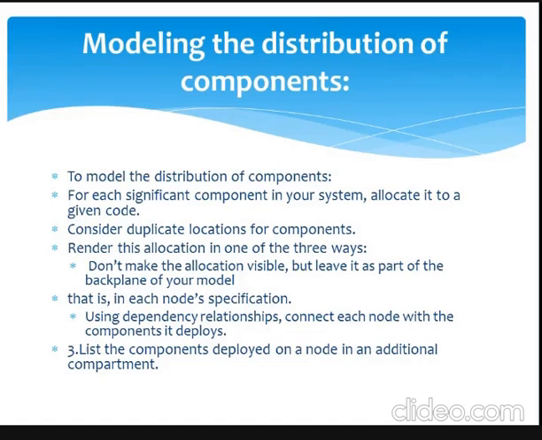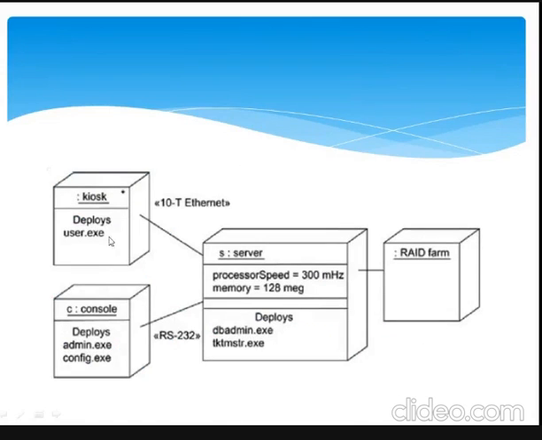This is an example of how to model the distribution of components. Here the components are user.exe, admin.exe, config.exe, dbadmin.exe, and tkt.exe. Whereas the nodes are KSCO, which has no object name, console, which has some object, server, which has an object, and RAID farm, which is an anonymous object.